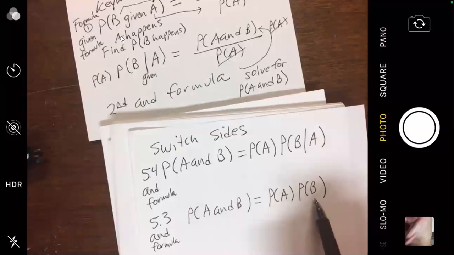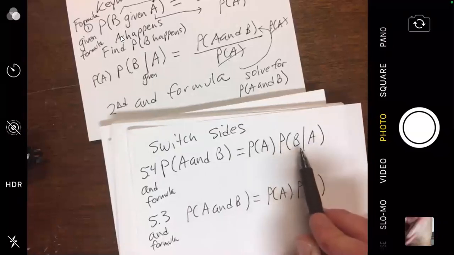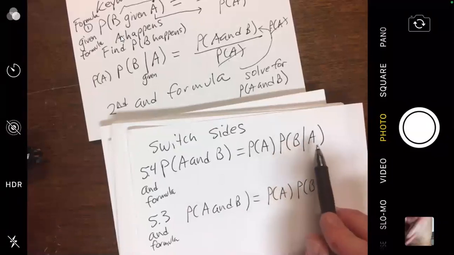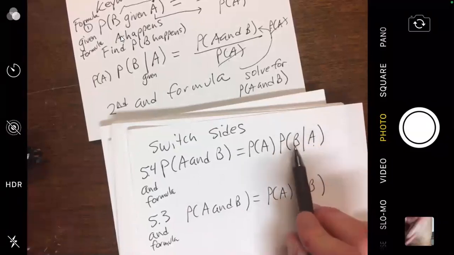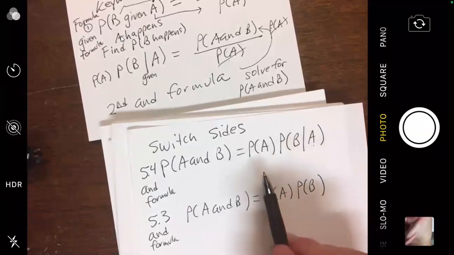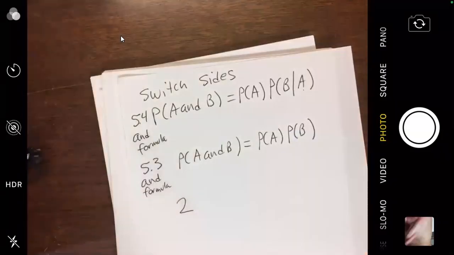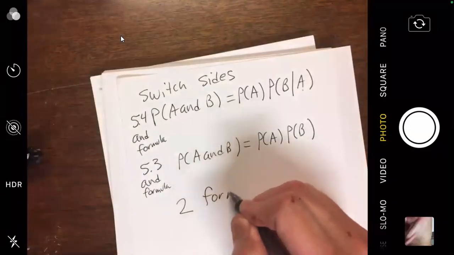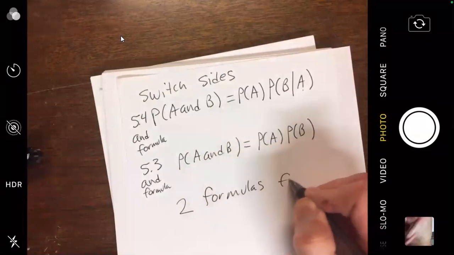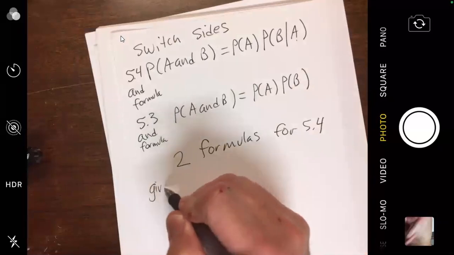It has no effect on B. But up here it does. A happening affects whether B will occur. And these are the 2 formulas for 5.4: the given formula and the "and" formula.